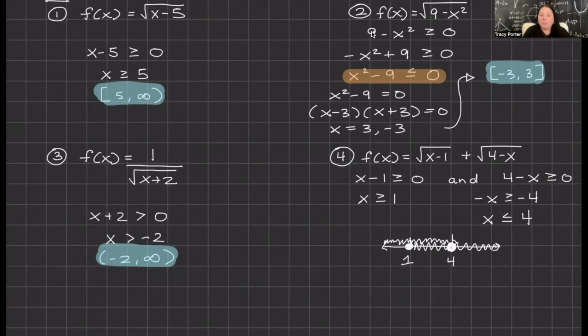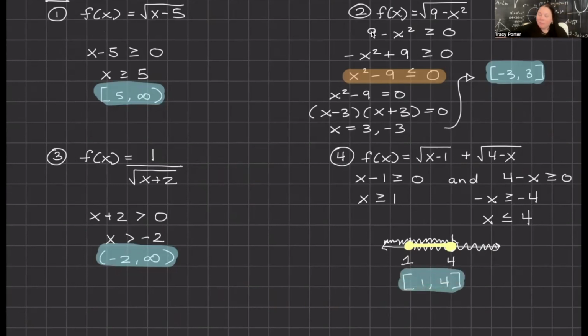If you need both at the same time, it's really just this middle part in between. So the domain here would be every value between 1 and 4, and you can also include 1 and include 4. So this would be the answer for that one.